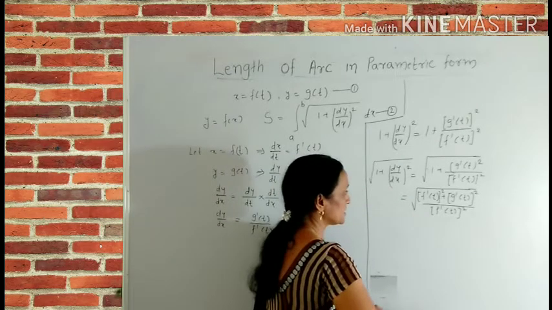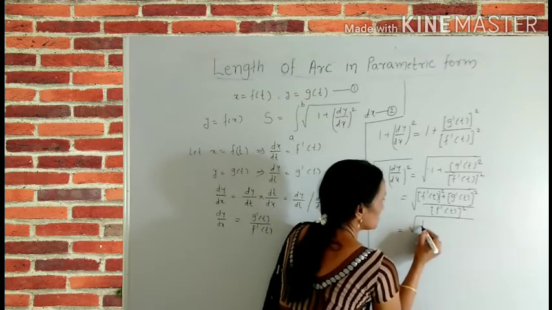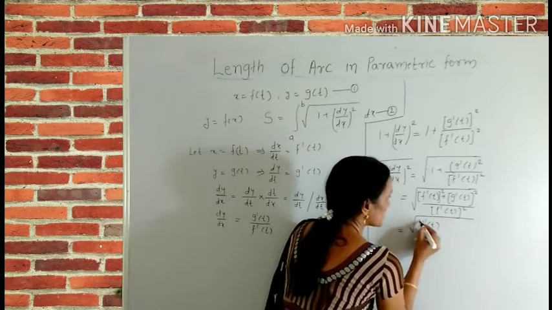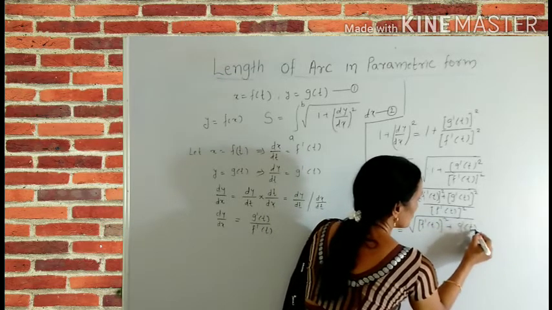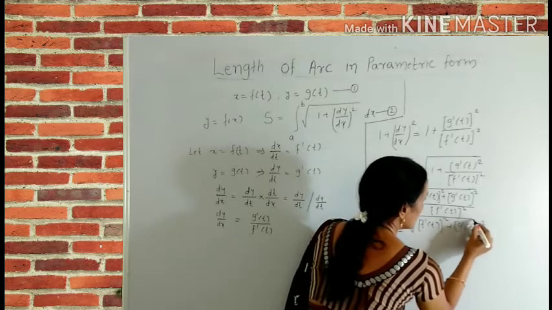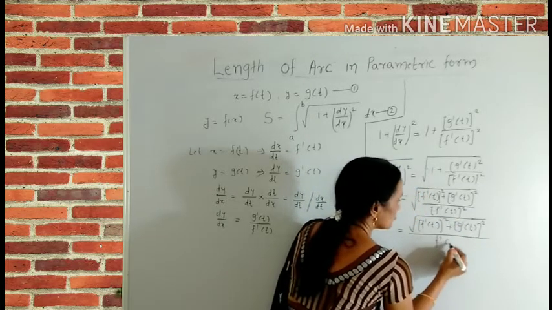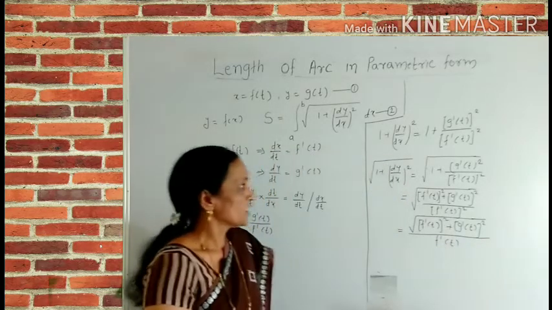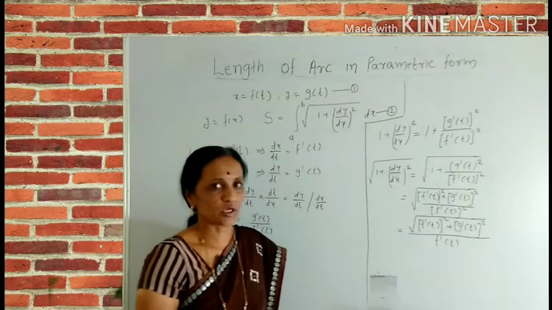So, we write this in the form square root of ((f dash t) squared plus (g dash t) squared) divided by simply f dash t. This is the value for 1 plus (dy/dx) squared.